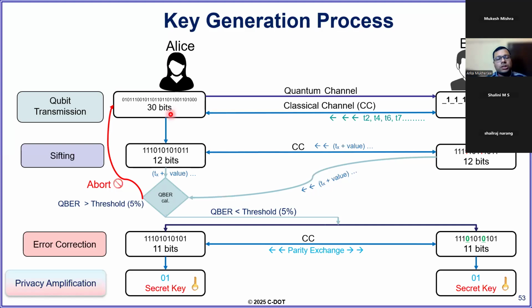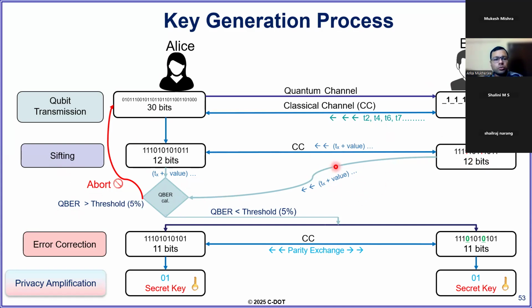And you can see that we started with 30 bits that we transferred over the quantum channel. Then 12 bits were received. Then we do the shifting process. We disclose the timestamp. Then Alice discarded the remaining 18, but they are not identical. Then we disclose to check the quantum bit error rate by randomly selecting some bits. That is typically 3%, as I told.